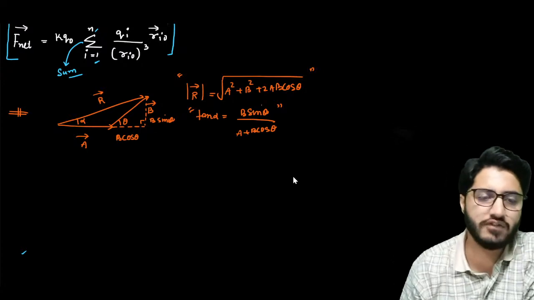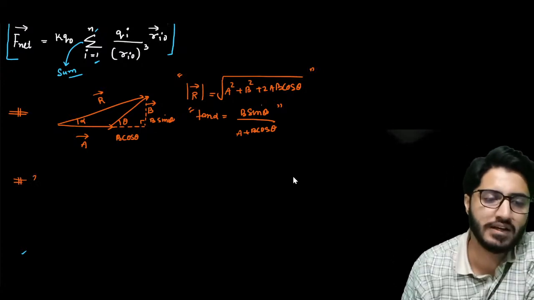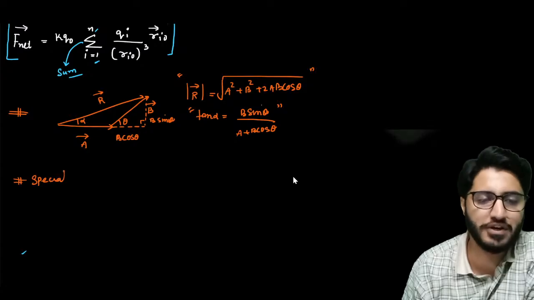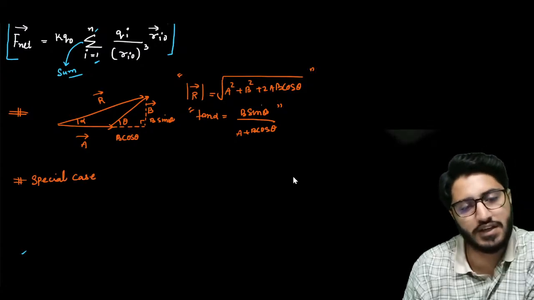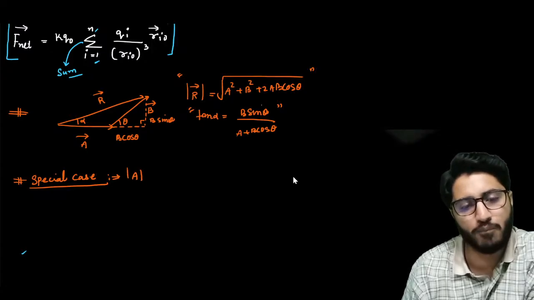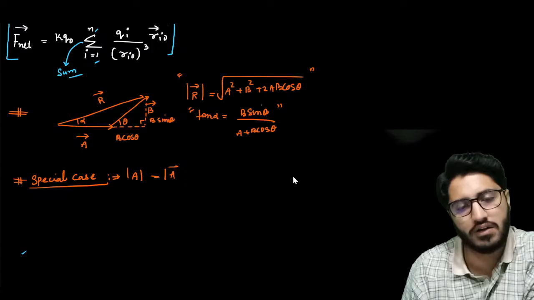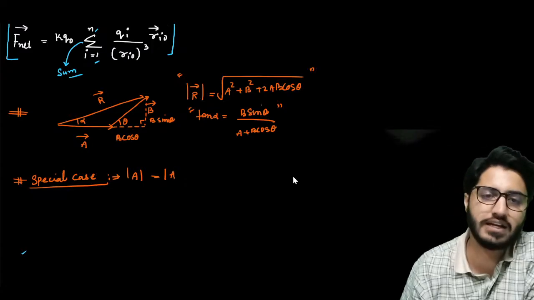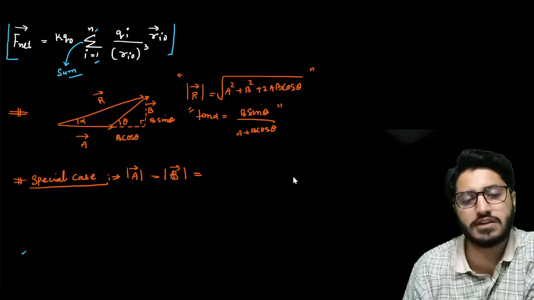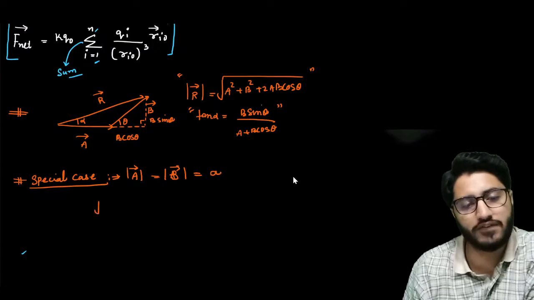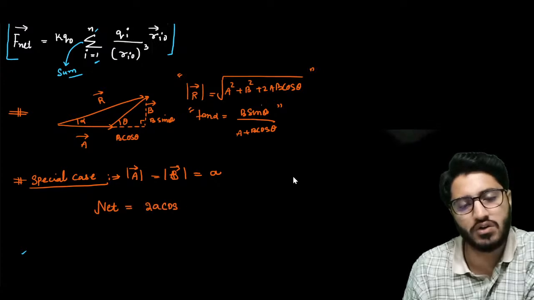Then we had a special case. The special case is when the magnitude of vector A is equal to the magnitude of vector B. Both are equal to, let us suppose, A. So the shortcut way to find the net is 2A cos theta by 2.